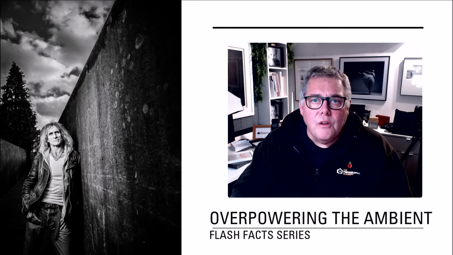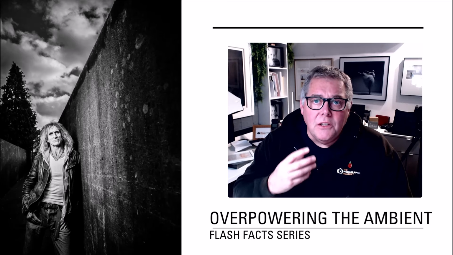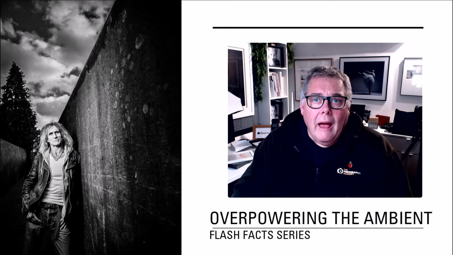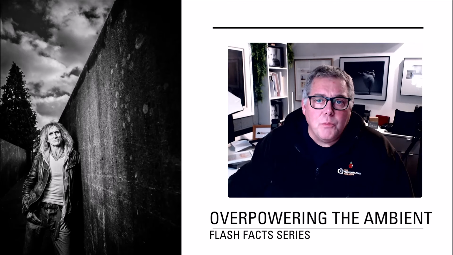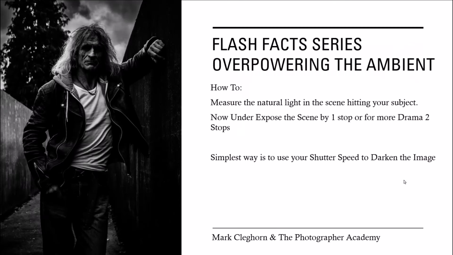So when the flash is being made to be the brightest item, in other words, what hits our subject, we're in control. Then the ambient is just what is being used to fill in the shadows and everything else. So I would go to this scene, measure for the cloud, underexpose the cloud by a stop, and then set the flash power straight away to work it.